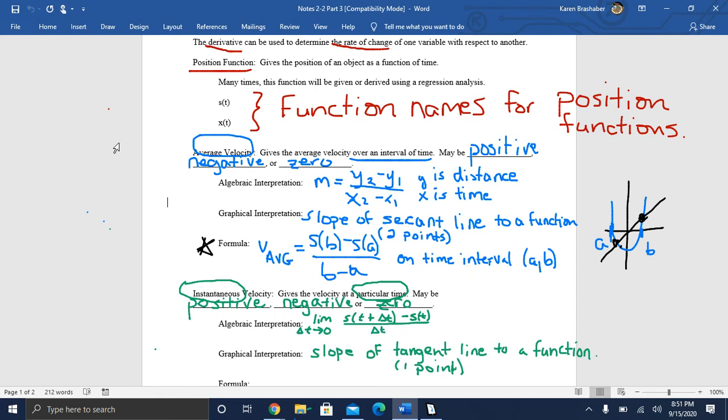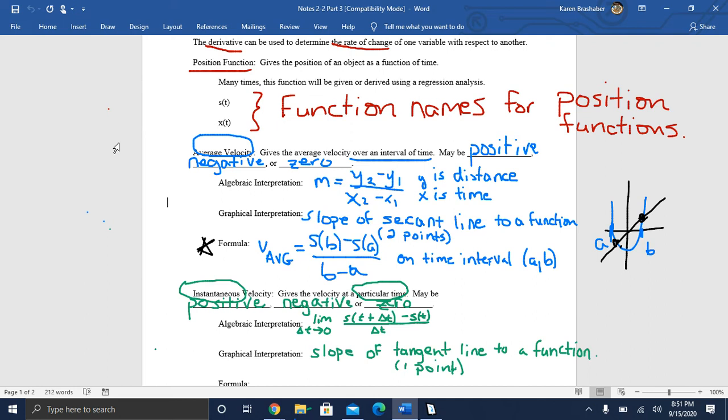And that hopefully looks familiar to you because that is the definition of the derivative. And so that would let you find the velocity at a certain instant in time.